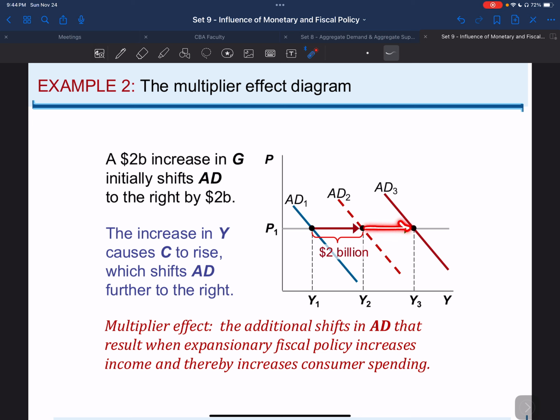But this is not exactly equal to $2 billion because there are some people who are saving that money instead of spending it. That is why we call this the multiplier effect. The multiplier effect is the additional shifts in aggregate demand that result when expansionary fiscal policies increase the income and thereby increase the consumer spending.